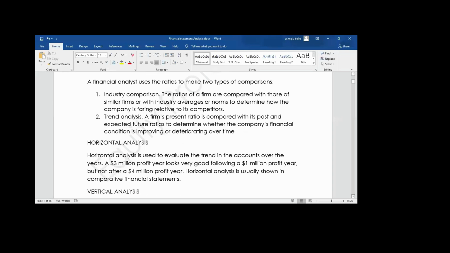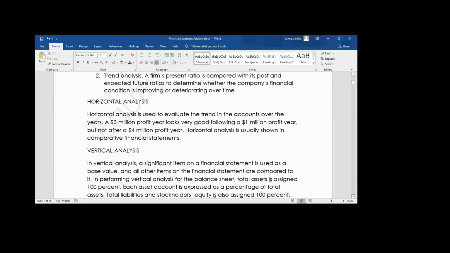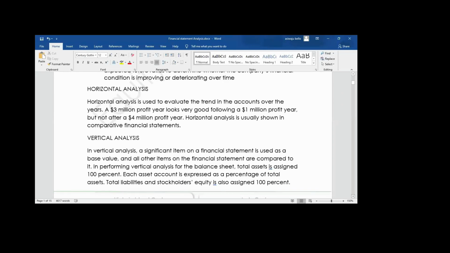Number two, you can have vertical analysis of the financial statement.